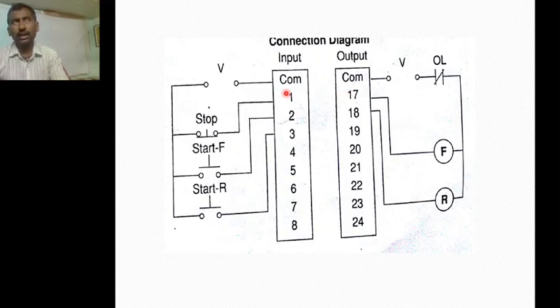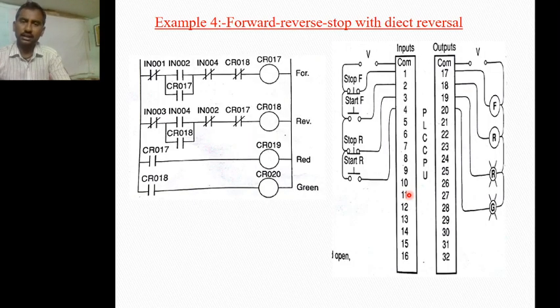The input module is connected to the input devices, and the output module is connected to the output devices. The input devices are the stop button, forward start, and reverse start. The output devices are forward and reverse.